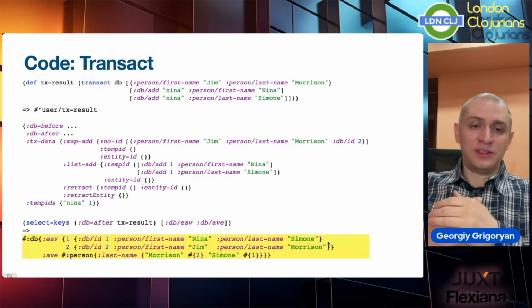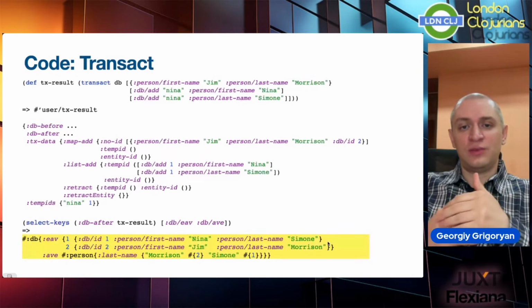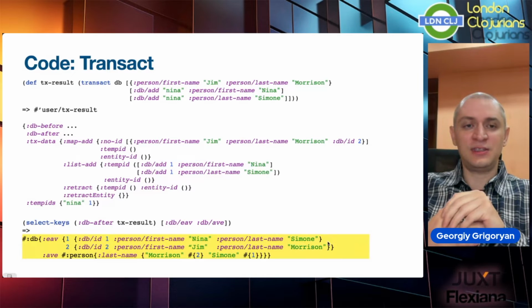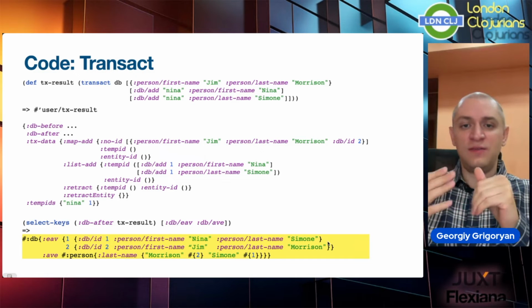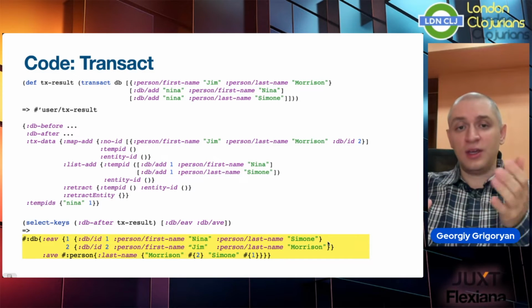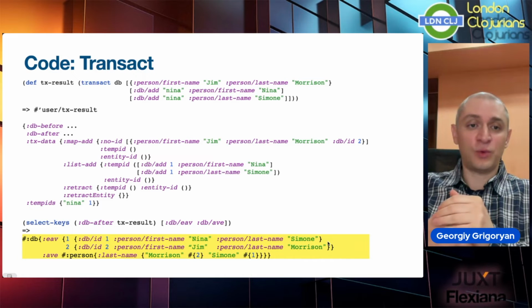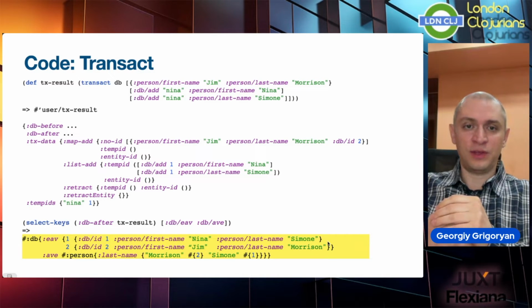And after we've transacted now, let's look at what the indices look like. So we see on the bottom there, we do a select keys on the DB after, and we select DB EAV and DB AVE. Those are our two indices. And highlighted in yellow is then what we get. That's what the indices end up looking like after we've done this transaction.